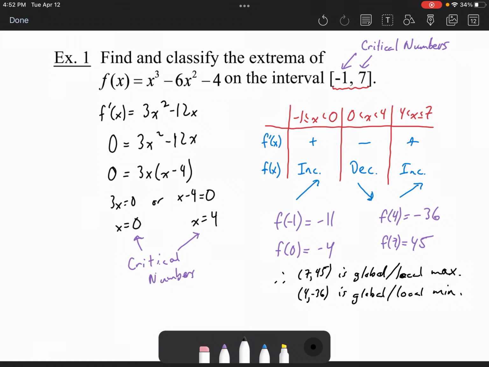Well, because the function is increasing after the value of -1, we know the point -1 and -11 is a local minimum.